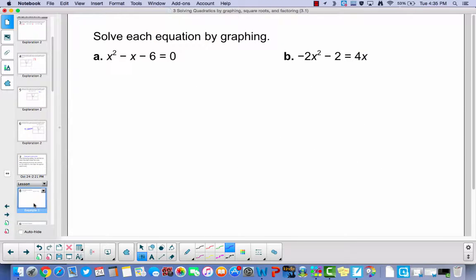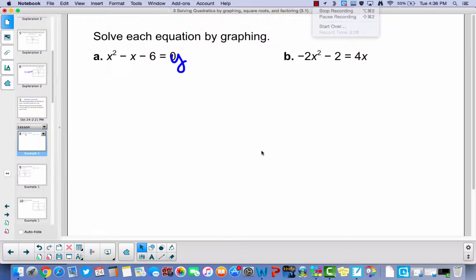We have two problems. I'd like you to try these two problems. Remember, that's my y equals. So take a look at this one. When you plug that in, what do you get as your solutions?